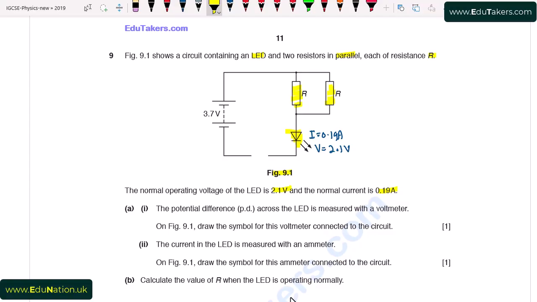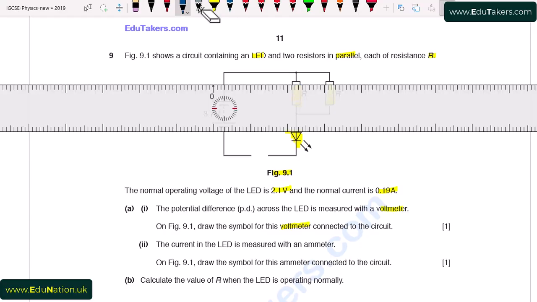Part A. First, the potential difference across the LED is measured with a voltmeter. On figure 9.1, draw the symbol for this voltmeter connected to the circuit. Here we have to draw the symbol for the voltmeter. And we know that the voltmeter is used to measure the potential difference and it is always connected in parallel. So here we have to measure the potential difference across this LED. That's why we connect it in parallel with this LED. So I am going to draw this.